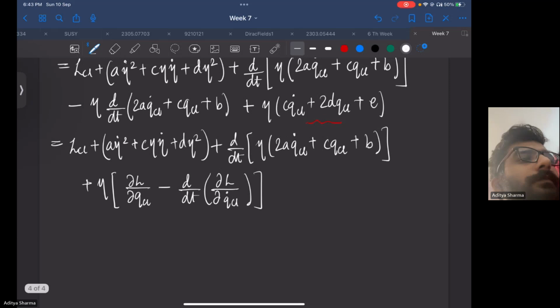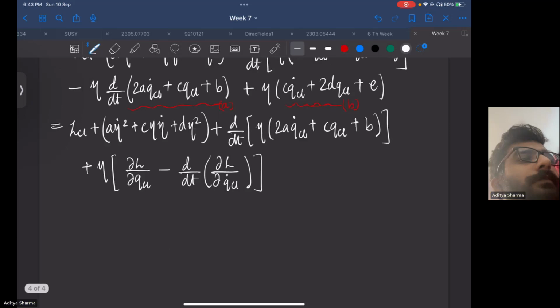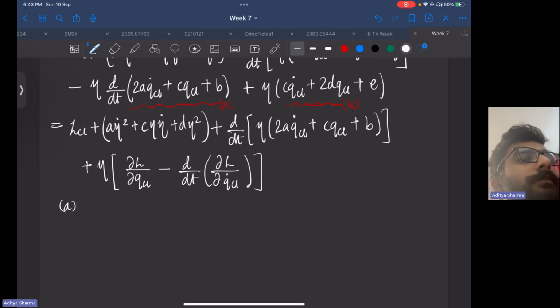This part, suppose I'm calling it A and I'm calling it B. A and B vanish by the equations of motion, and so A plus B is equal to 0.